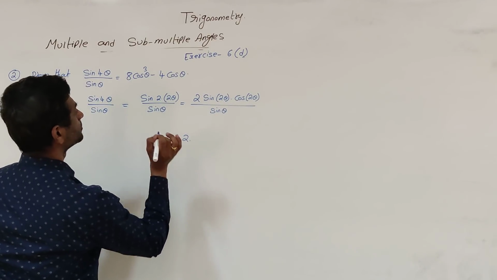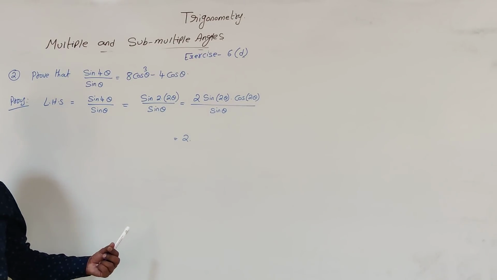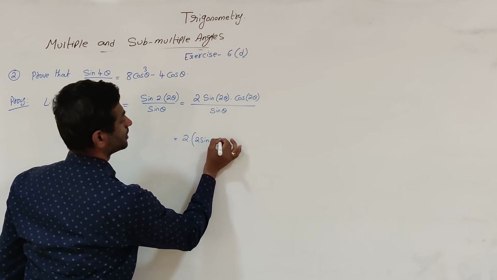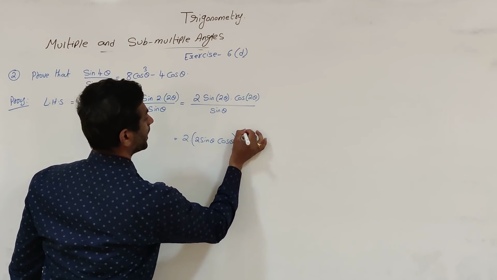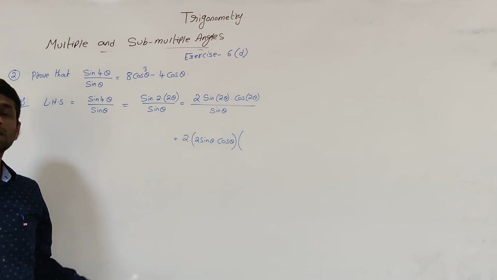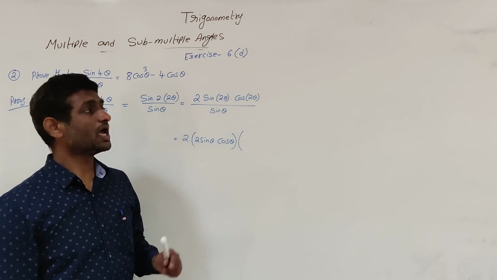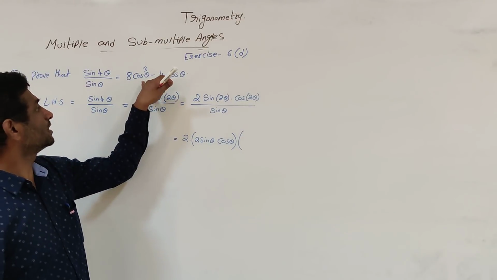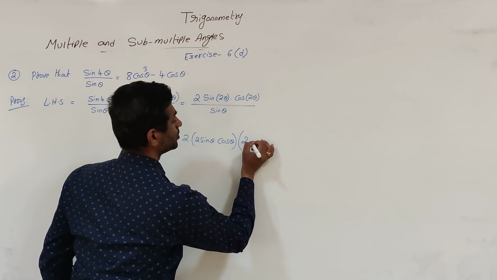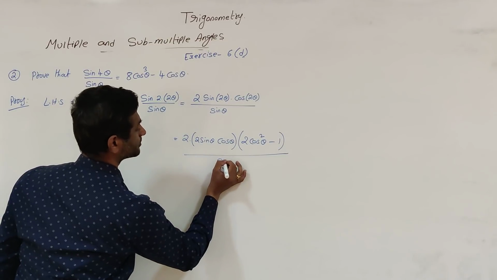Now 2 into again sin 2 theta. We can apply the same form. Sin 2 theta is 2 sin theta cos theta, and cos 2 theta. What is cos 2 theta? We can write 1 minus 2 sin square theta or 2 cos square theta minus 1. As the simplification is asking in terms of cos, we can write cos 2 theta is 2 cos square theta minus 1, by sin theta.